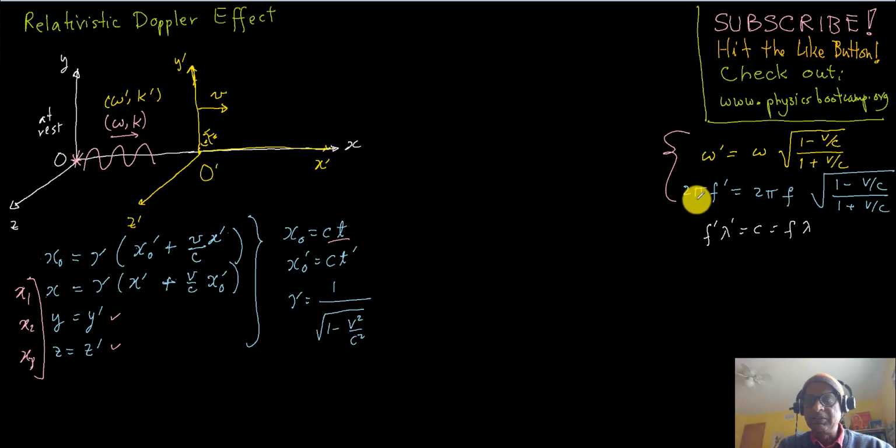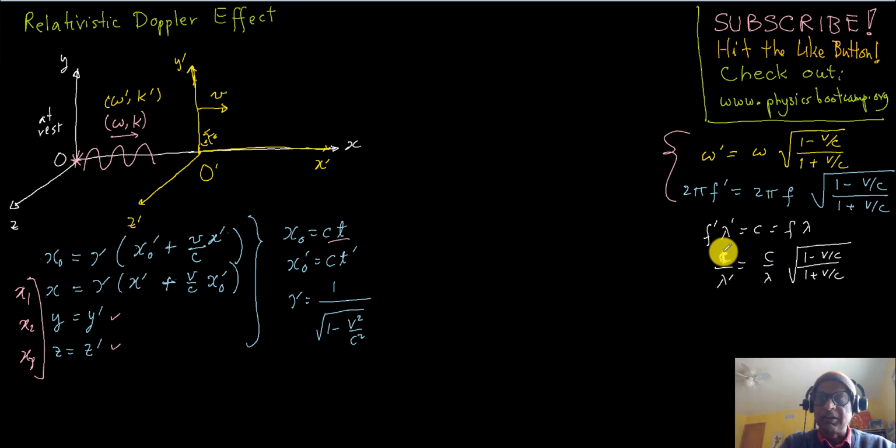The whole thing becomes c over lambda prime equals c over lambda, times the factor with 1 minus v over c and 1 plus v over c, and the c cancels out, so you just say 1 here and 1 here. So this will be a relationship between lambda and lambda prime. Given lambda and v, you can figure out lambda prime, and vice versa.